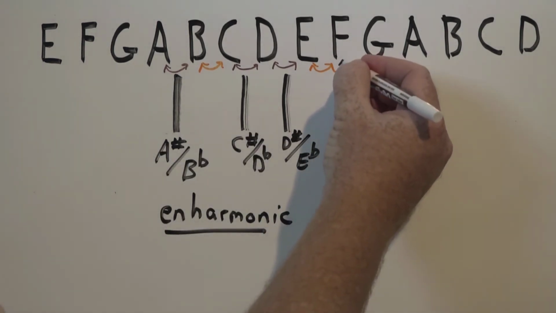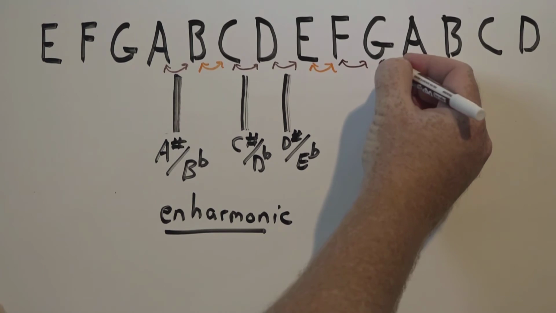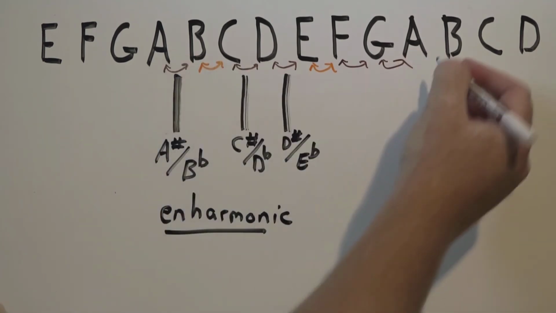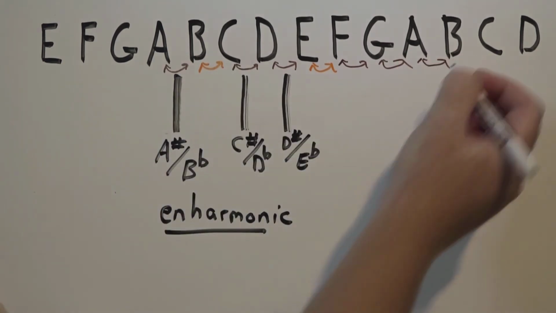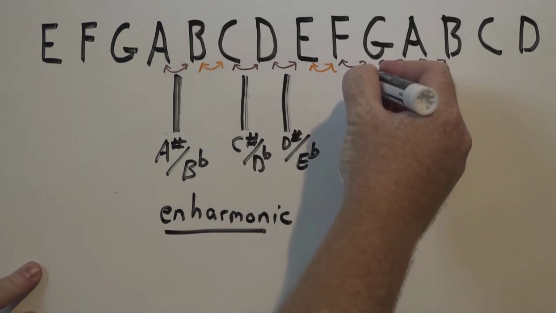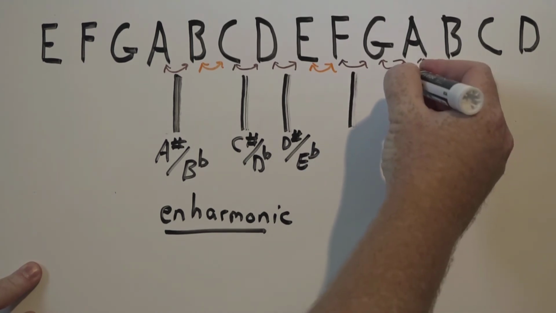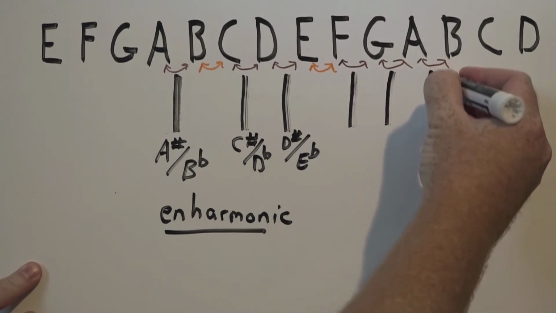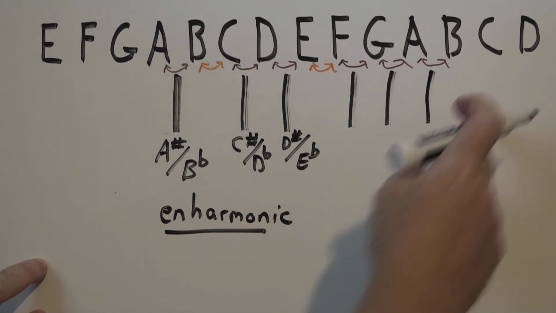There is a note between F and G, between G and A, and now we're back to A and B. So there's a note here, a note here, and a note there. There isn't one there.